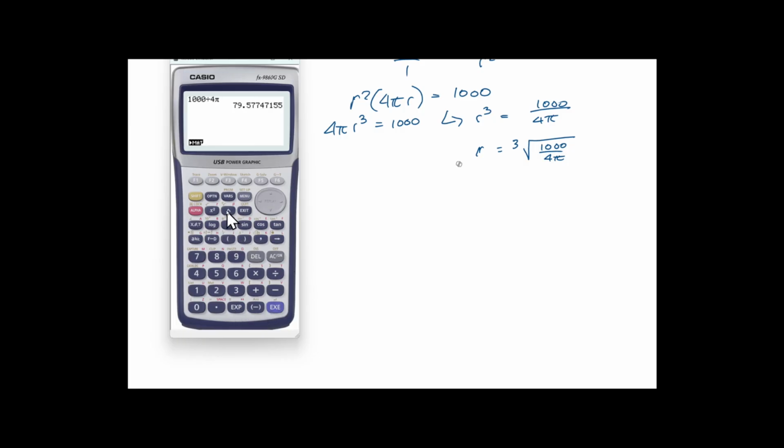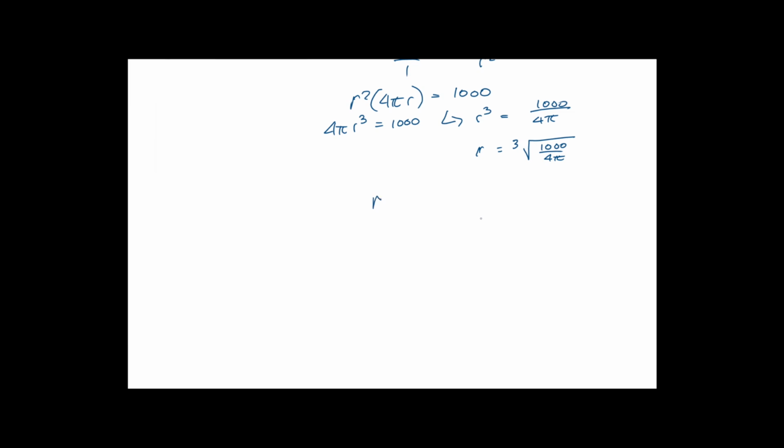And then I'm going to find the cube root of that. 4.3. I'm going to use that one because I think that sounds a bit more real. So the r is going to be 4.3. Yeah. 4.3013.